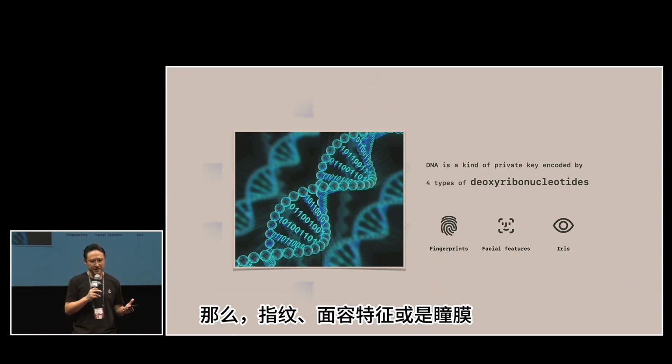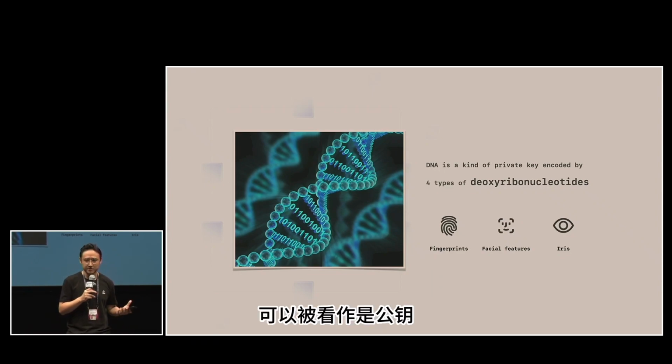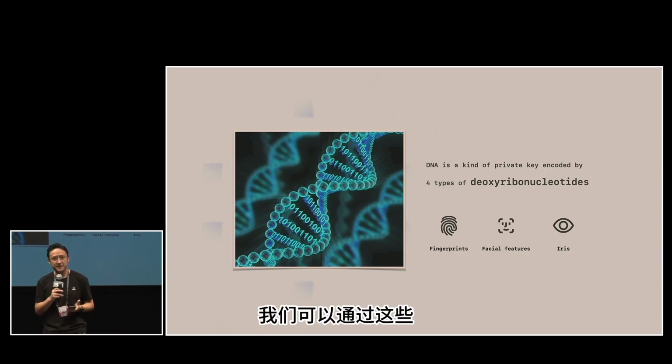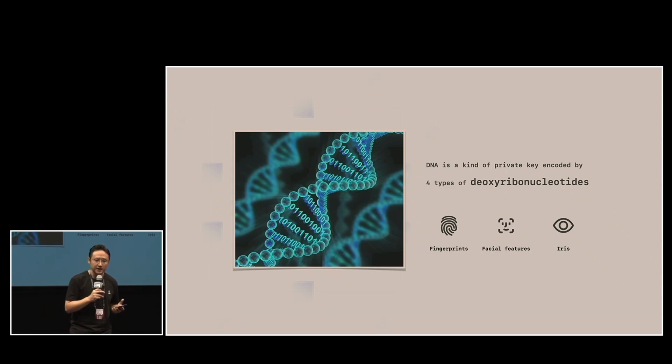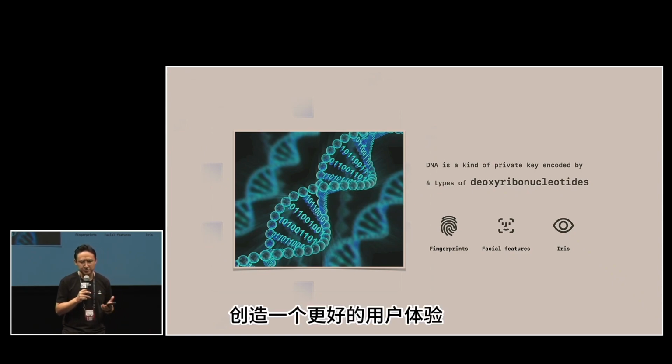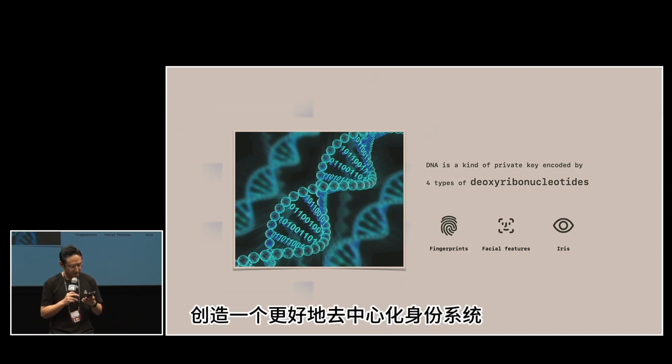The fingerprints, your facial features, or the iris can be used as a public key, right? So we can use this innate ability in combination with blockchain technology to create a better user experience DID system.